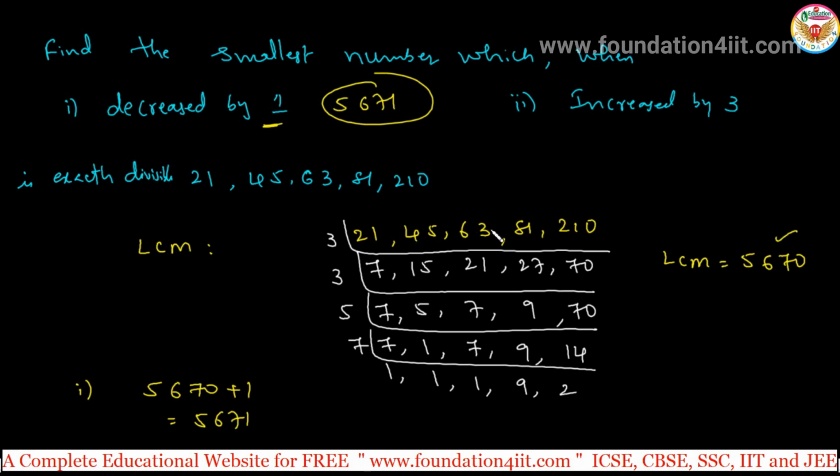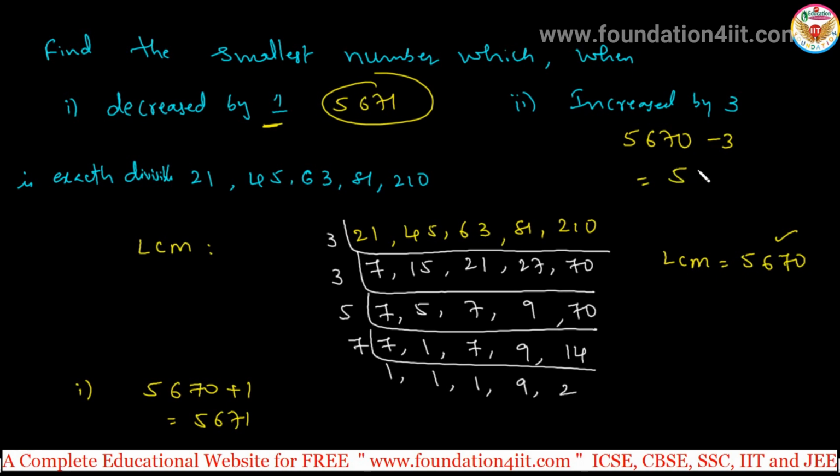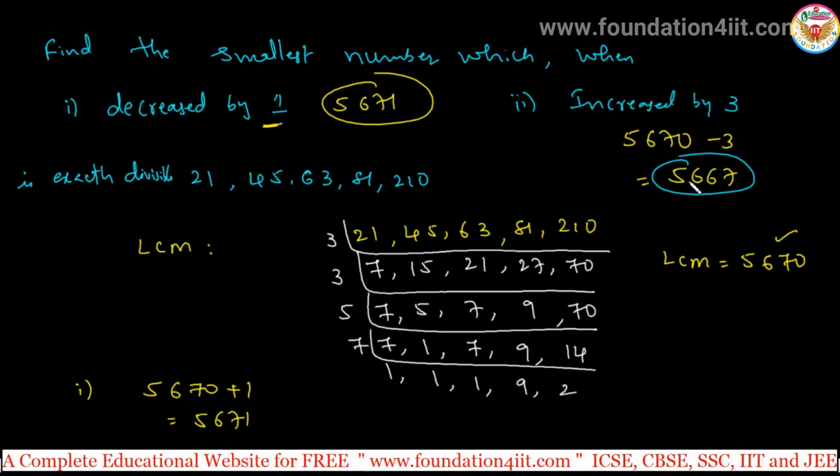Now it's exactly divisible. Now for the increased by 3 case, take 5670 and subtract 3. Now 5667 is the required number. If we increase it by 3, then you'll get 5670, which is exactly divisible.